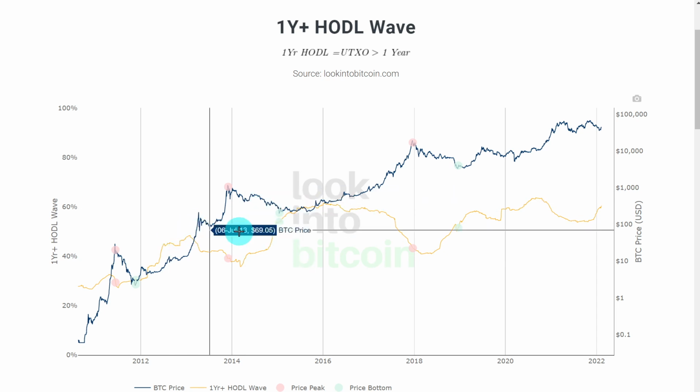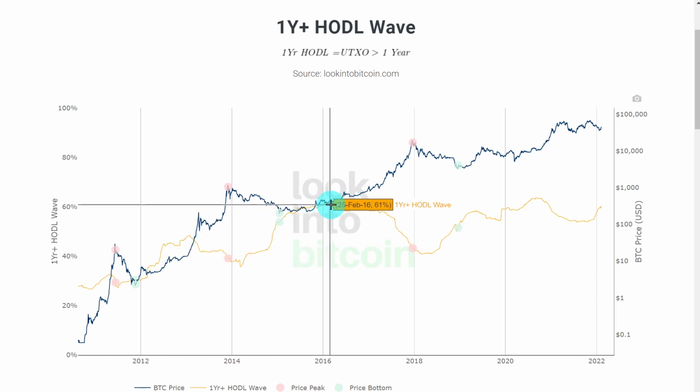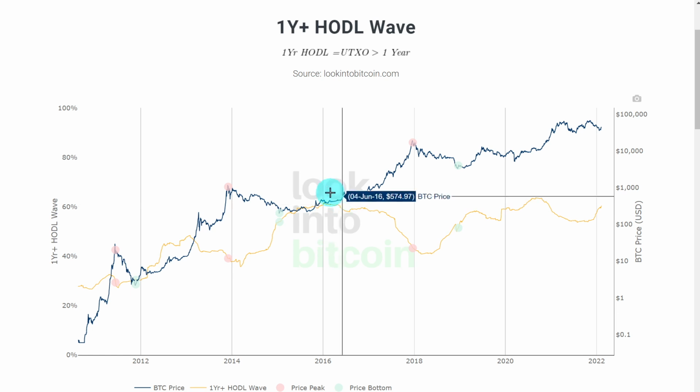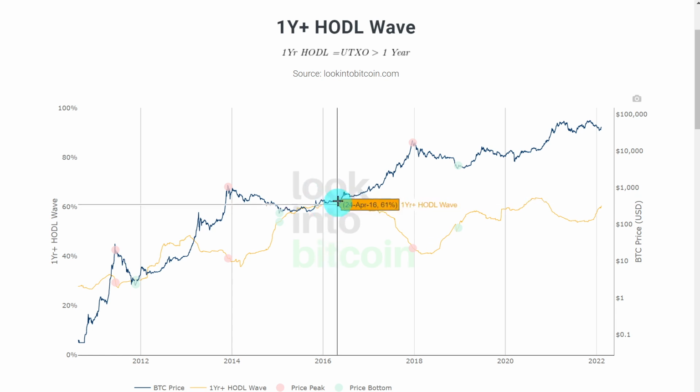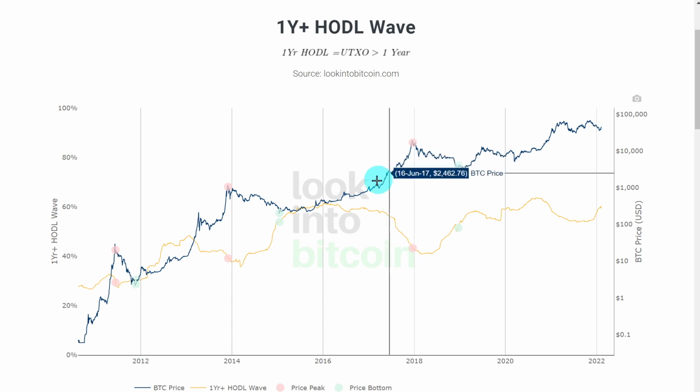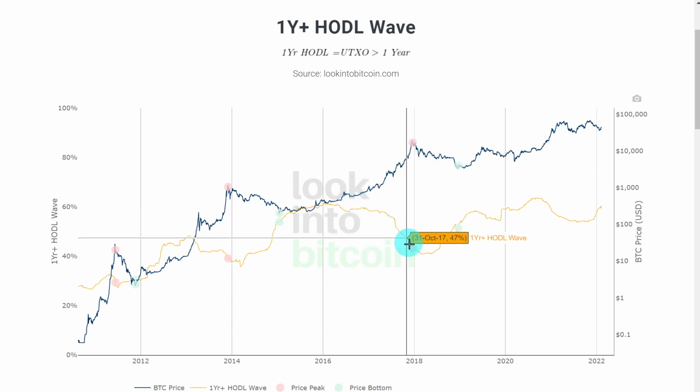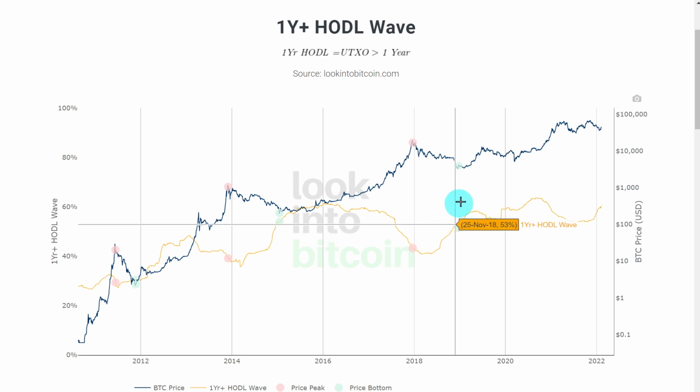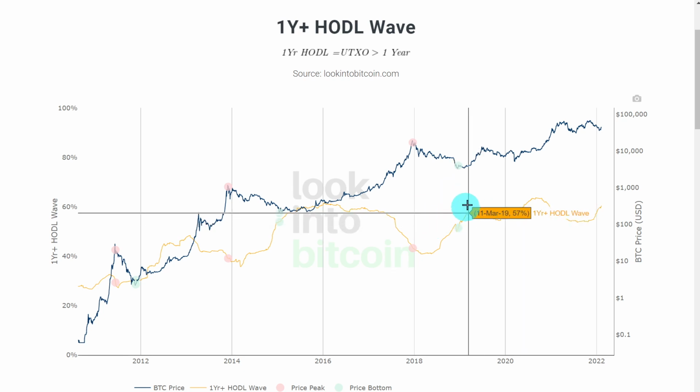What we can also see is that whenever this value is particularly high, we have some kind of restricted supply. That then drives the price up, right? A lot of people just hold it, they don't sell, so there's no supply in the market, driving up the price. Then the supply does hit the market. The more long-term holders we get, the more people that simply buy in over the long term, the tighter the supply gets.